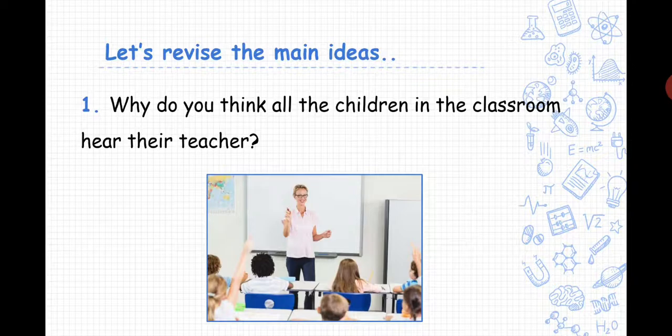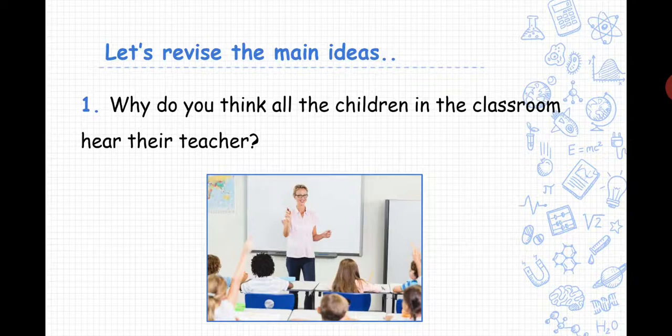The first question says, why do you think all the children in the classroom hear their teacher? Look at the picture, my dear. As the teacher talks, her voice or sound will travel through air to reach the children's ears.